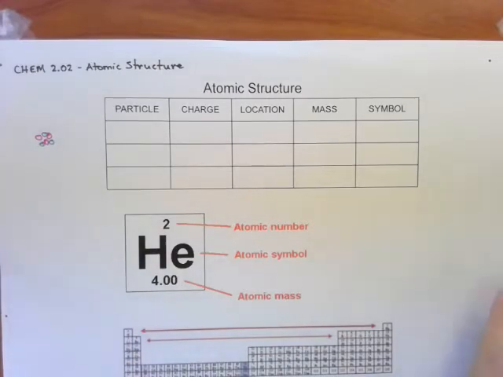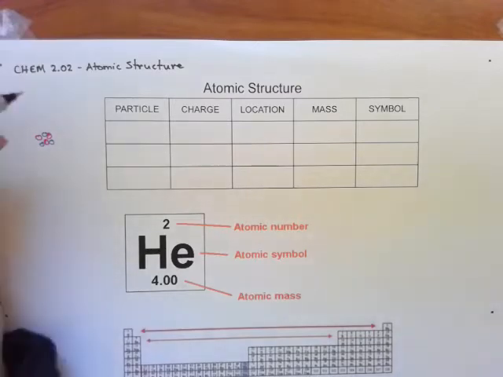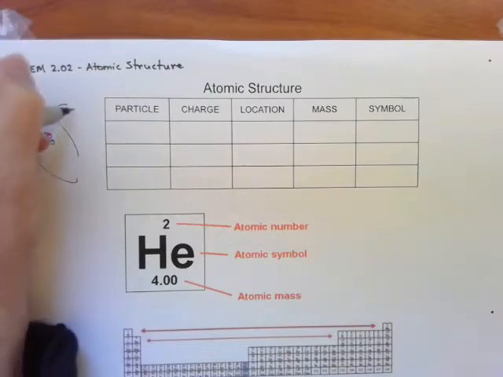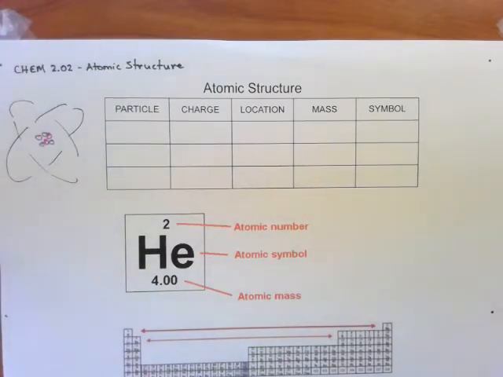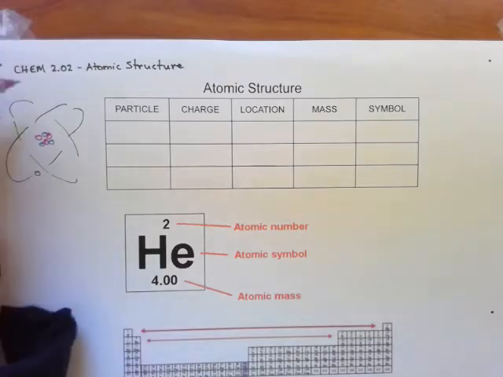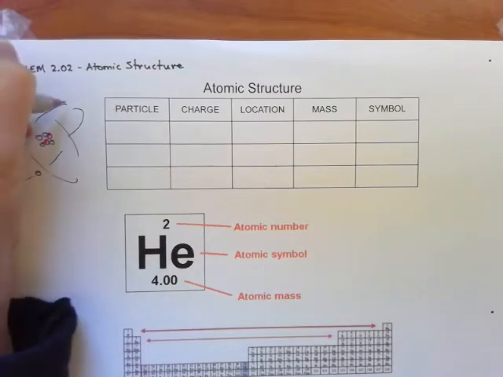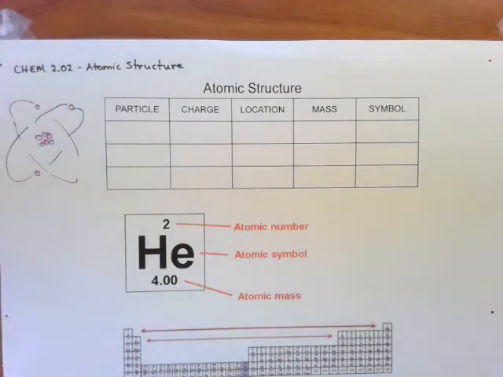And around that nucleus, we have, you guys called them maybe orbits, circular paths that go around. And inside of that, you have electrons. So this should seem familiar to you.